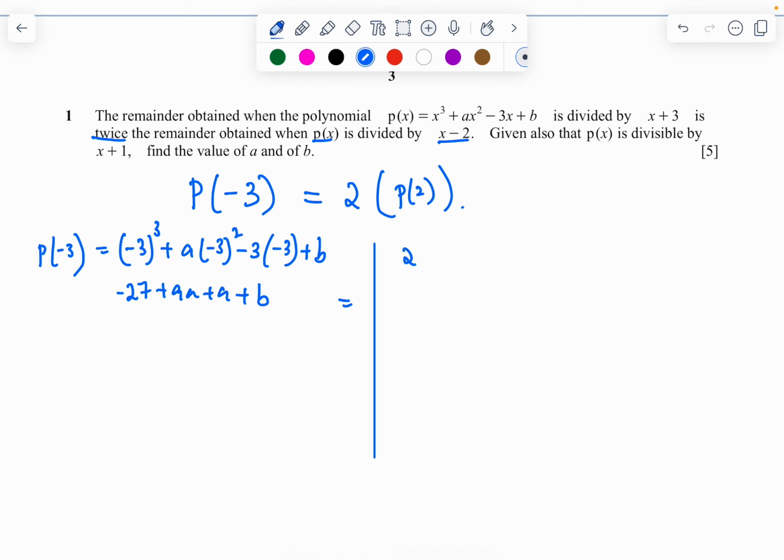So 2 times 2 cubed plus a times 2 squared minus 3 times 2 plus b.